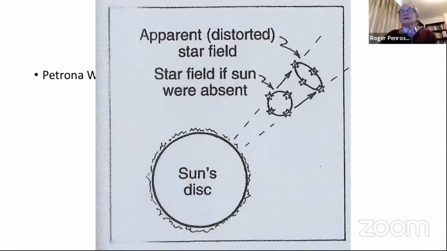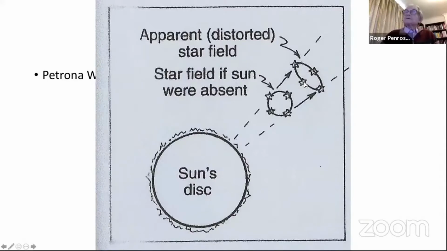And here you see the bending of the light means that you have maybe a circular pattern. Imagine you had a circular pattern of stars, and if the sun was not there, they would look circular. But as the displacement outwards gets less and less the further away you get from the sun, the bending of the light means it looks further out than the image does, but it's less further out at the far point than in the near point, and so it becomes elliptical.